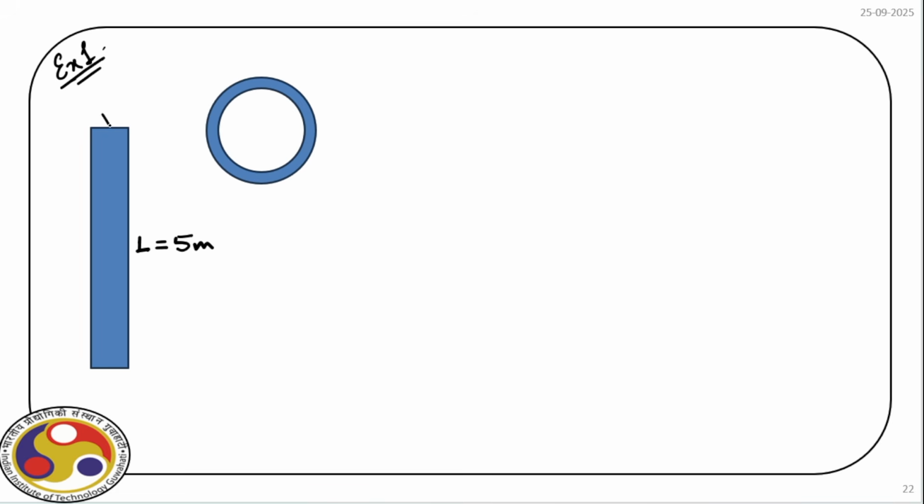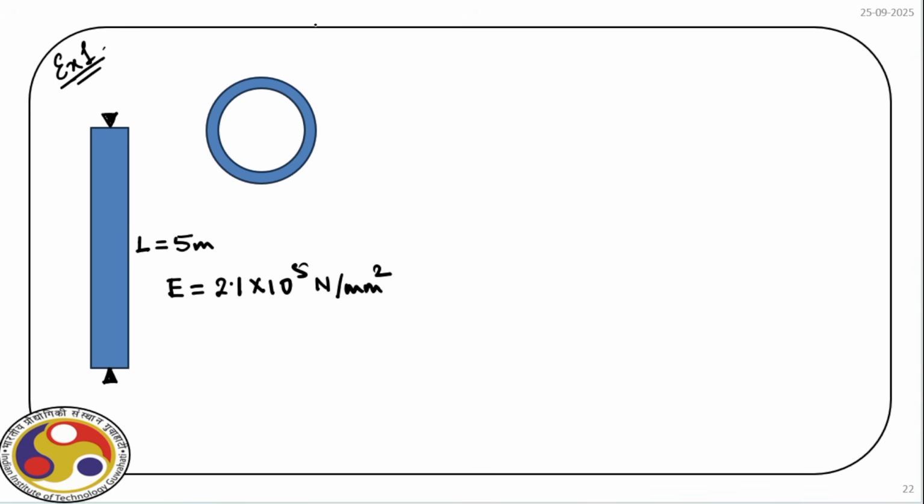So we have one hinge here and another hinge there. Young's modulus E for this column is 2.1 into 10 to the power 5 Newton per millimeter square.